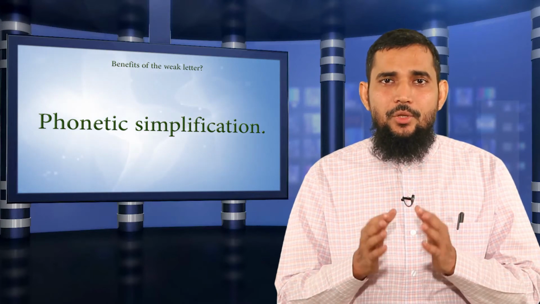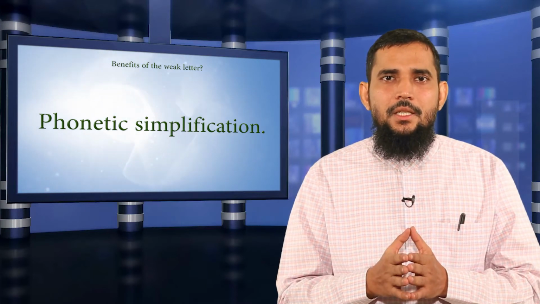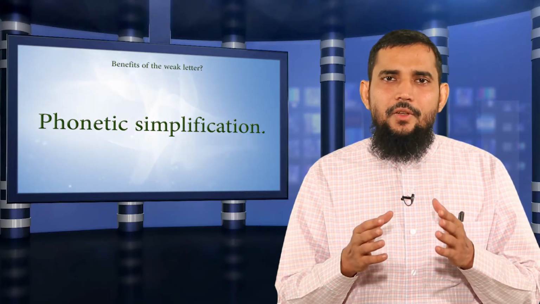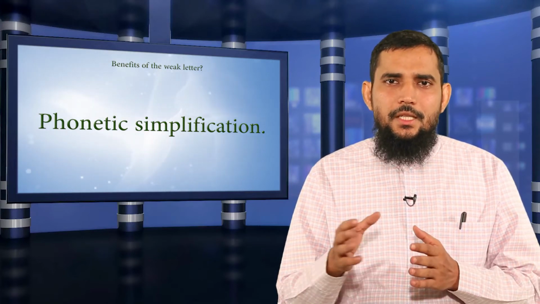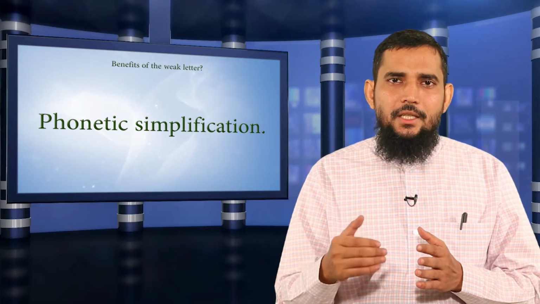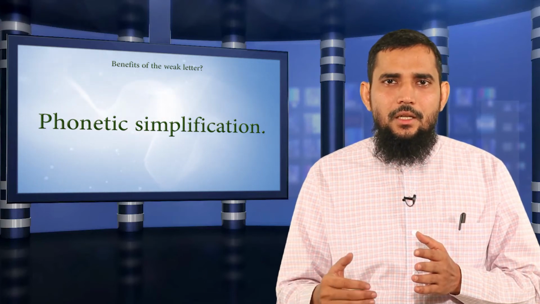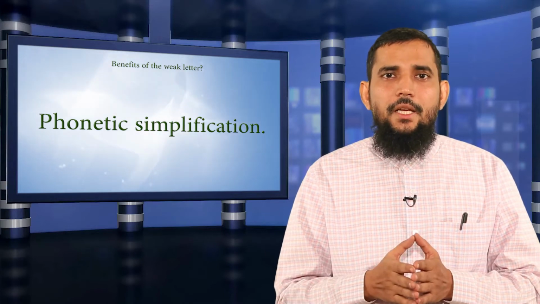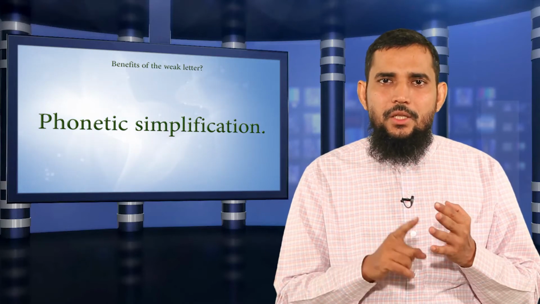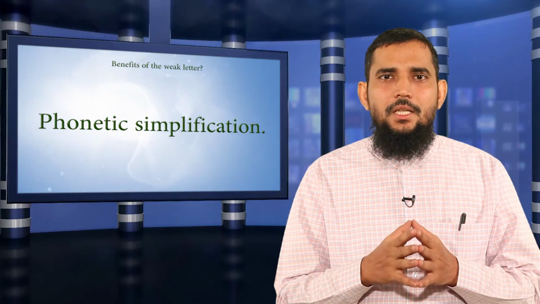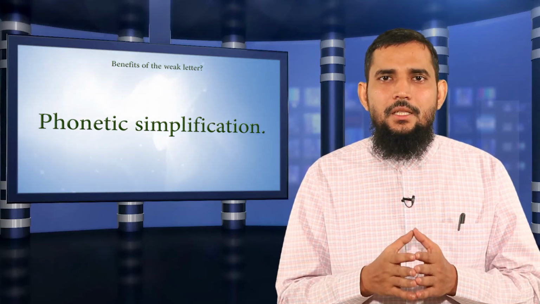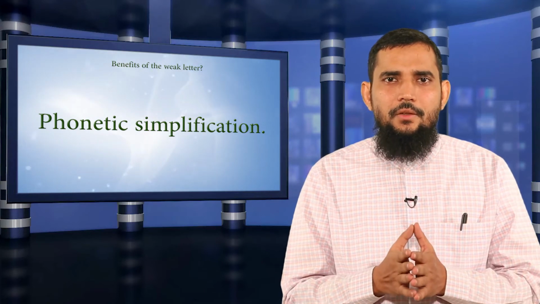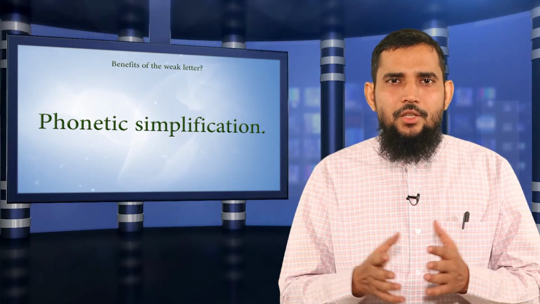So this is the beauty of these weak letters. Whenever we want to say something easily, we either delete these weak letters or replace them. We cannot delete Hamza, we cannot delete the consonant letters, but these weak letters, that's why they are called weak, could be deleted, could be replaced easily without any agitation.